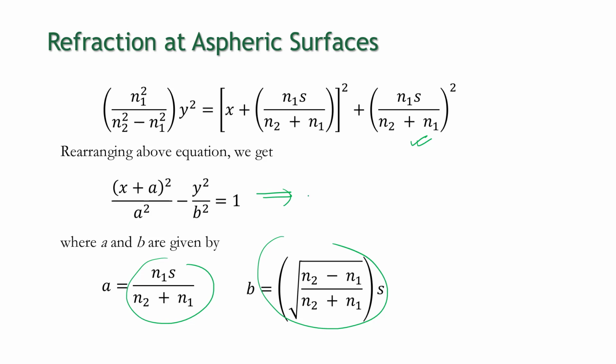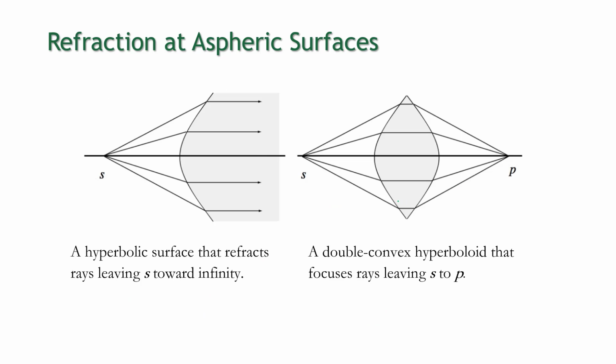Do you guys know what this equation is? This is the equation of a hyperbola. Okay, the equation of a hyperbola, which is like this. Okay, or like that. So this is a hyperbola.